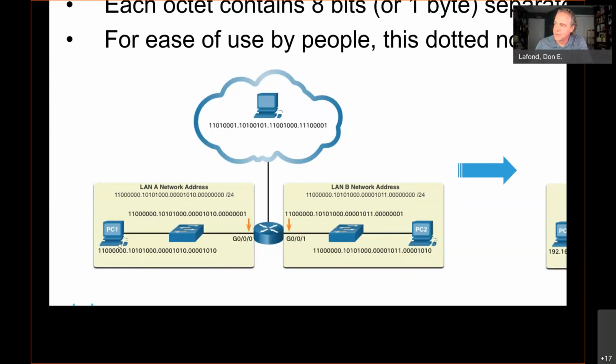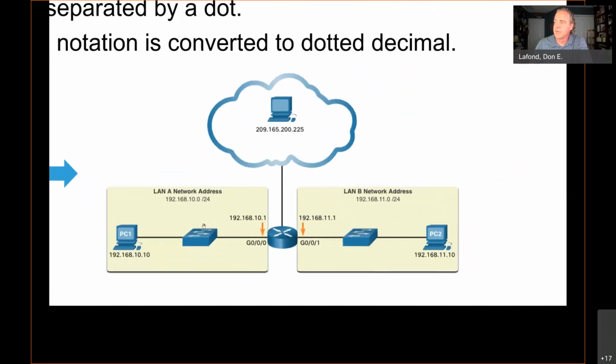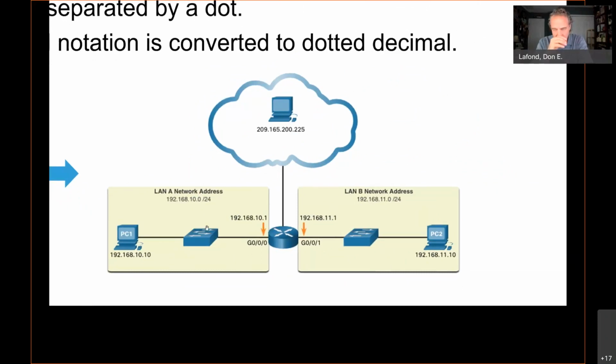So this is what the network address is. This is the IP address for this computer. This is the IP address for this port. But you get the idea, right? So it only understands ones and zeros. We understand decimal, so we understand 0 through 9, and then we carry.